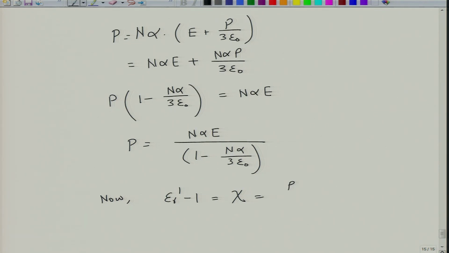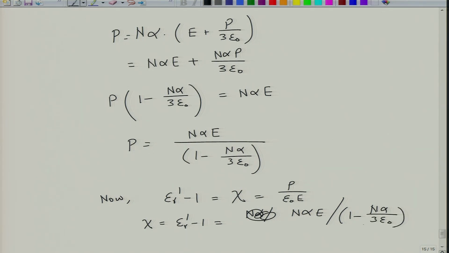This is equal to P divided by epsilon naught E, and this is purely in the linear region, right. And if you do that, we get chi is equal to epsilon r prime minus 1. So we are basically substituting P, n alpha E divided by 1 minus n alpha divided by 3 epsilon naught, divided by epsilon naught E, okay.